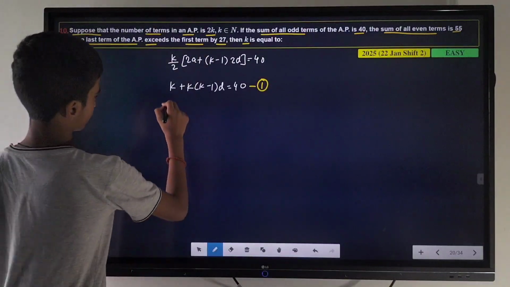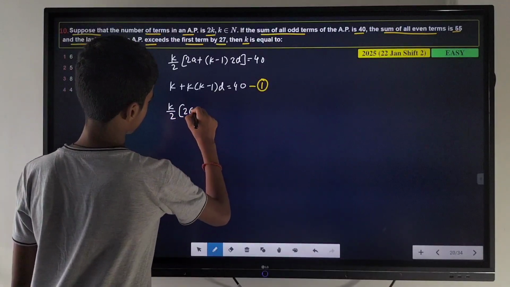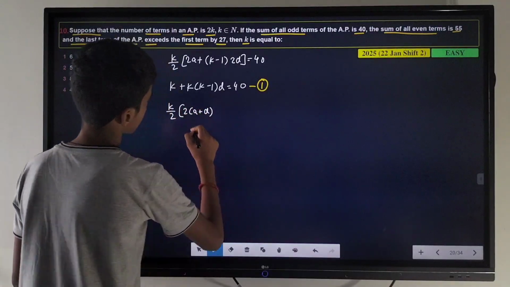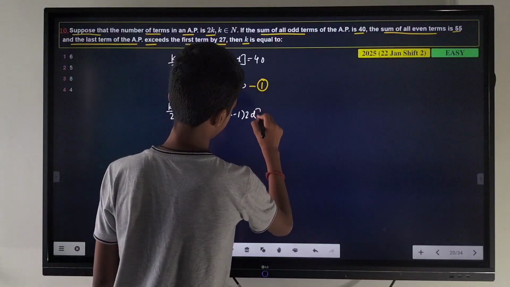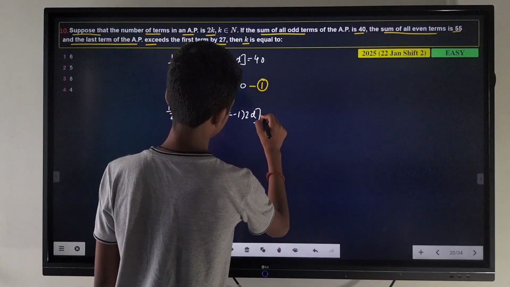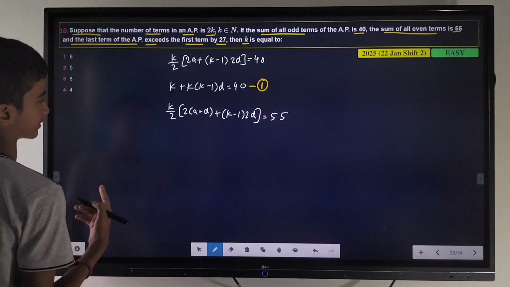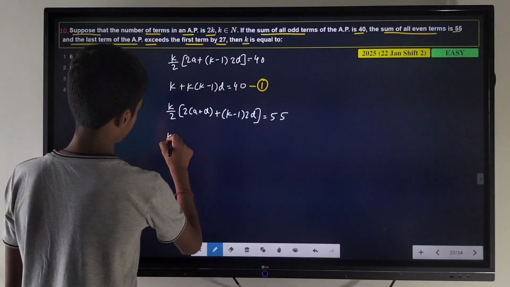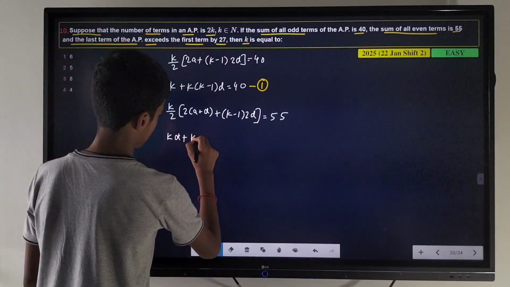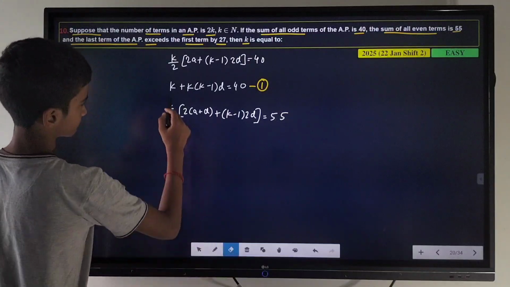Now sum of all even terms, k upon 2 into, first even term is a plus d, plus k minus 1 into 2d, is equal to 55. From here the d's will get cancelled. We will get kd plus k square d.